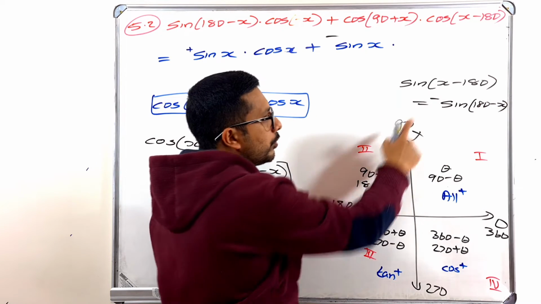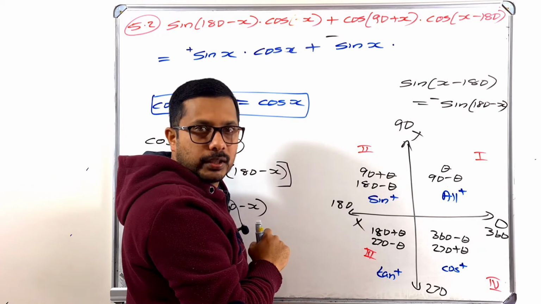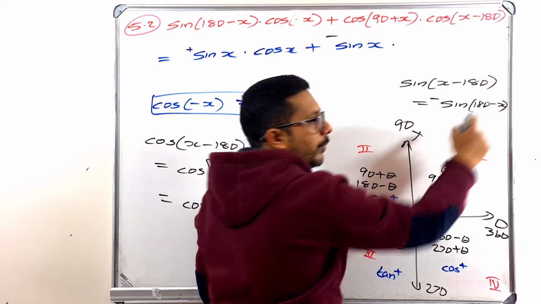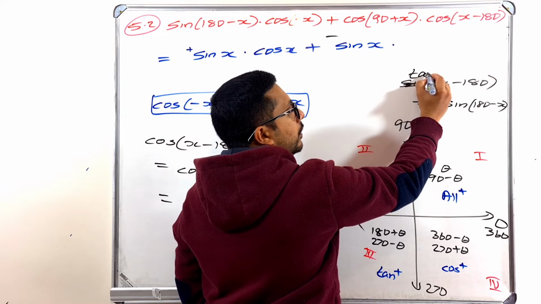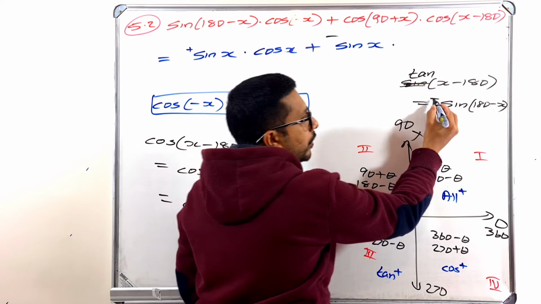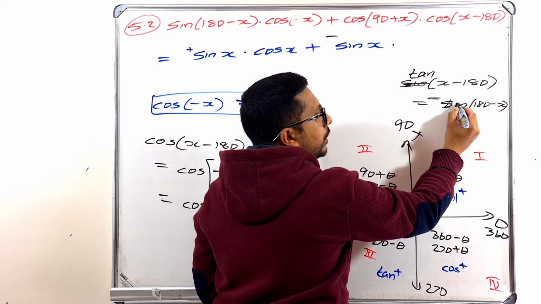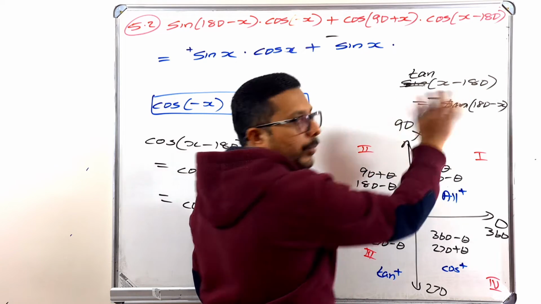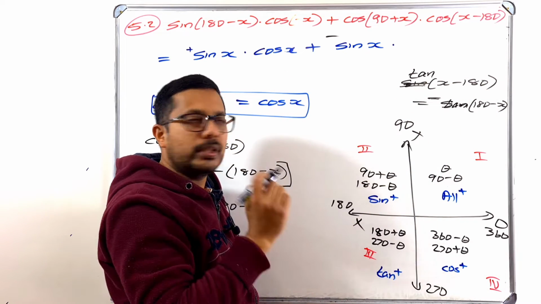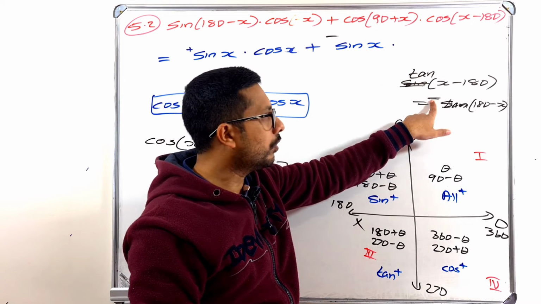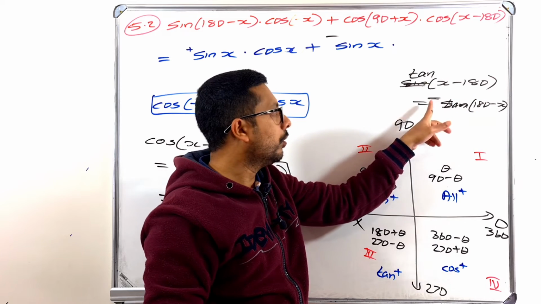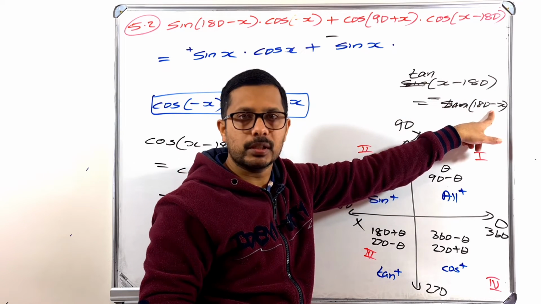You understand? You have to put a minus outside, then you can write 180 minus x. If it is tan, then also you have to write minus of tan of 180 minus x. So in the case of sine or tan, you have to write minus of sine 180 minus x or minus of tan 180 minus x.